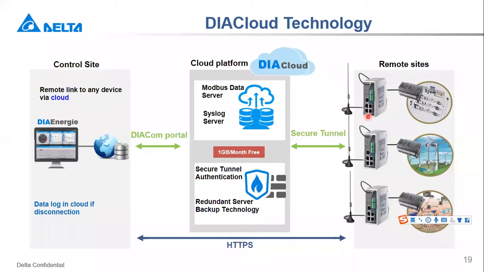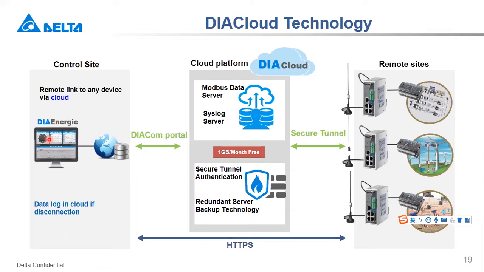Actually, it's very simple. You just need a cloud router, whether 3G or 4G. Delta has this kind of product. Link it to the device here, then the data will transfer to the cloud, and the system will get the data from the cloud and show it in the system. With this function, you can link the remote device just like with a cable, as if linking locally.